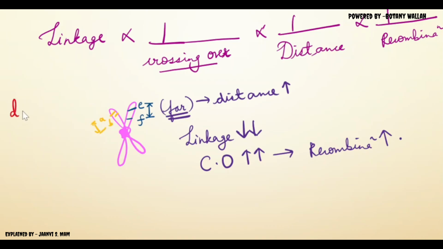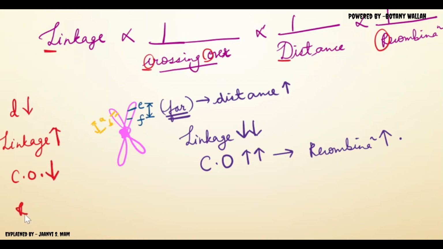If distance is less, the L, that is linkage, I am marking the short forms, will be higher, then the crossing over will be less, and R, recombination, also will be less. So here there are two scenarios for the same thing, for the linkage topic. So this is about linkage and the linked genes.